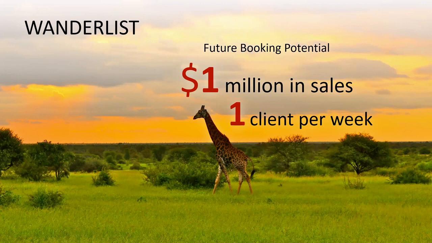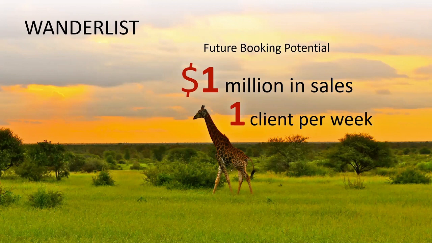So I'm going to give you a little breakdown of how Wanderlist might be able to help you meet some of your sales goals. I've talked to a lot of advisors, and this $1 million in annual sales seems to be a goal that a lot of people have in their mind. For some, it might be a stretch goal, which I love. But based on our data, if you have 50 clients in Wanderlist, we know that they're going to average 2 trips and spend an average of about $10,000.